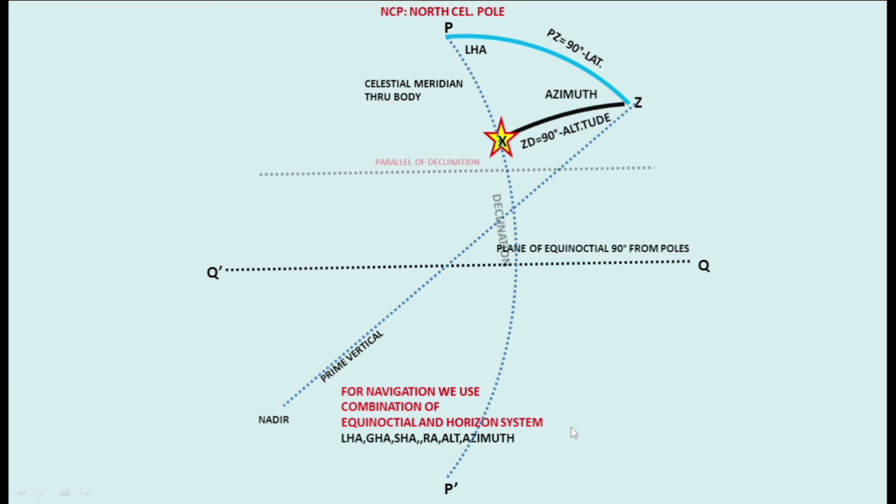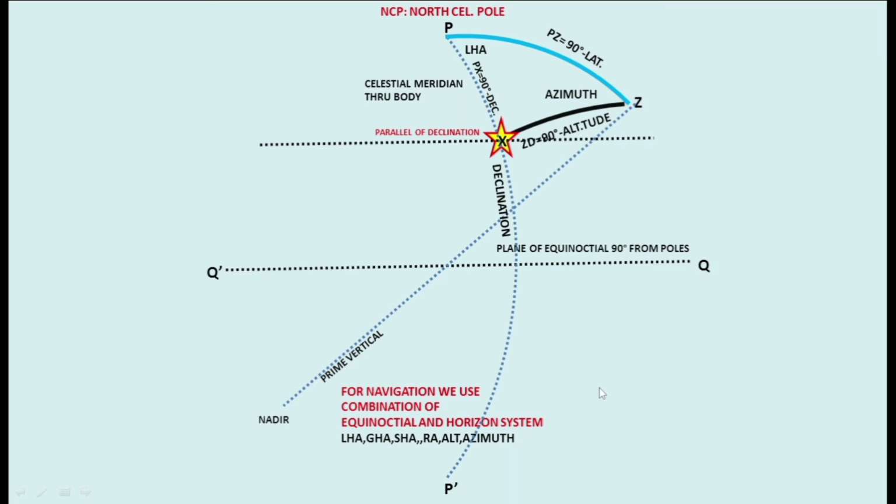Then we draw a small circle parallel to the equator passing through the body, the declination circle. So this is your declination. From pole to equator is 90, so the remaining side PX, the polar distance as we call it, would be 90 minus declination.